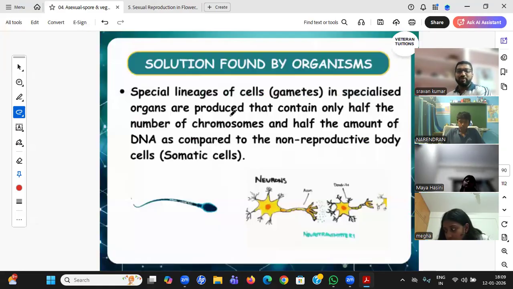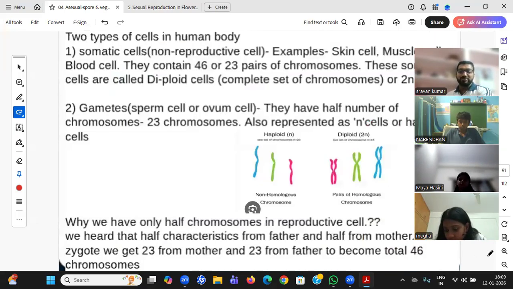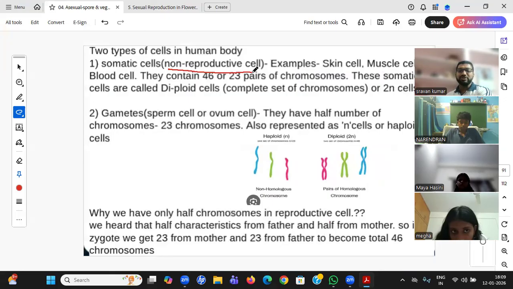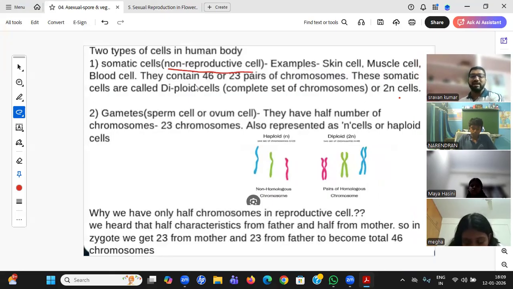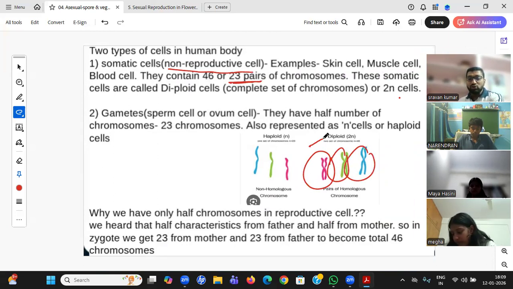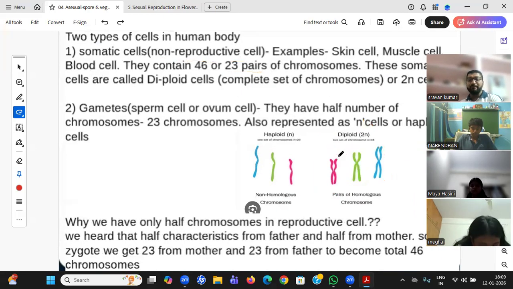Like that, in our body there are two types of cells. One is non-reproductive cells, such as skin cells, muscle cells and blood cells. They all have 23 pairs, and that is also known as diploid or 2n cells. All the names are the same, so I should not get confused. Whenever I say pairs, that is diploid, or you can say 2n cells, all are the same. But the sperm cell or ovum cell, which are the reproductive cells, are not in pairs.